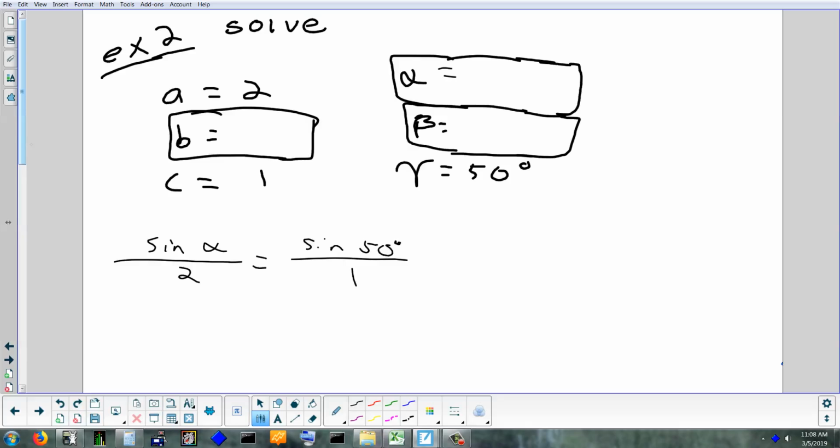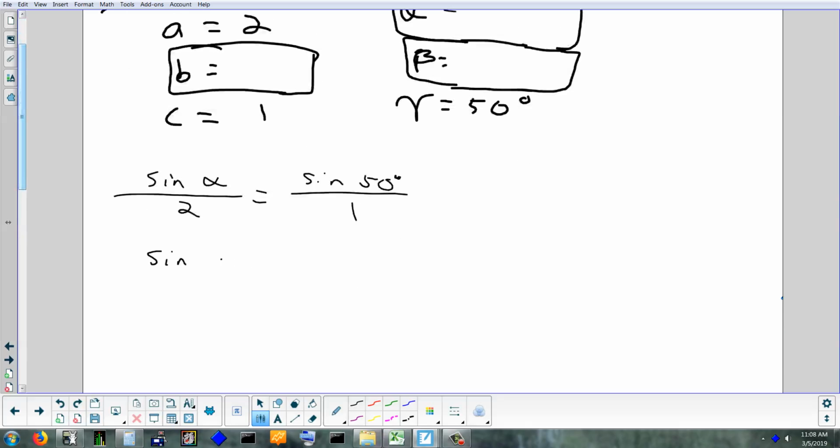So that's all that happens. Sine alpha is 2 sine 50. And then Kaya, to get rid of sine, what do we do? Inverse sine. So it's the inverse sine of 2 sine 50.